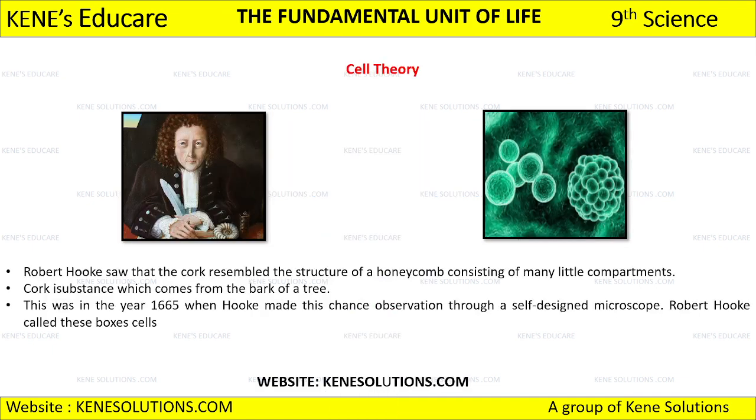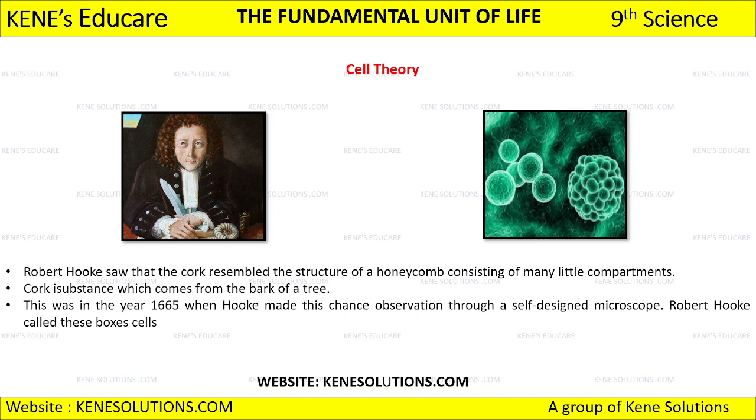So we started this lesson by discussing the cell theory. Robert Hooke was the first person, while doing his activity on cork, a substance that comes from the bark of a tree, he found a structure resembling a honeycomb with little compartments in it, right?